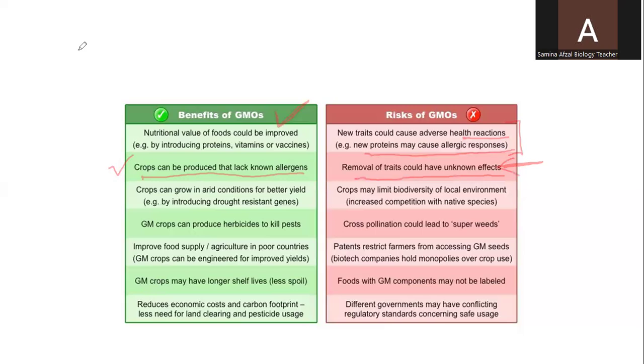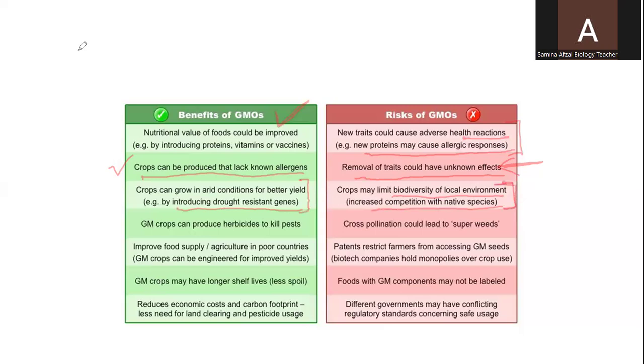The crops can grow in arid conditions for better yield by introducing drought resistant genes. So we can produce the plants which are drought resistant when there is no water, no nutrients for them, so they can grow. But crops may threaten the diversity of the local environment, with increased competition with native species.